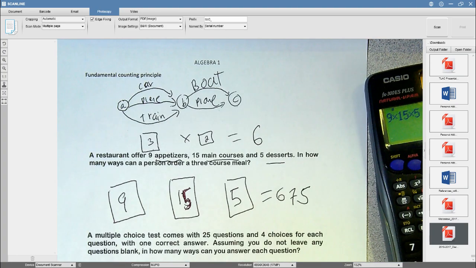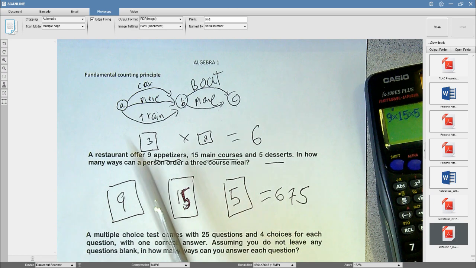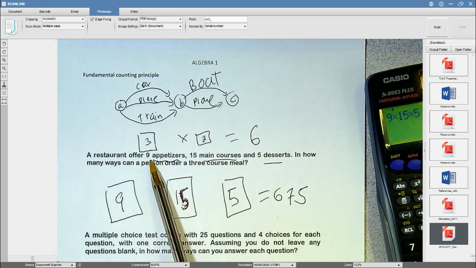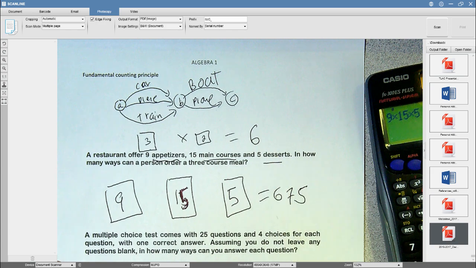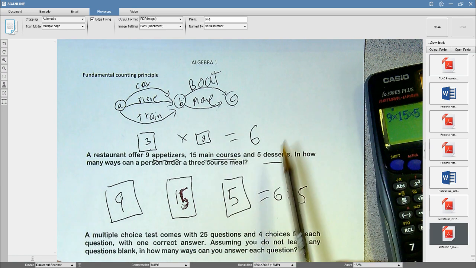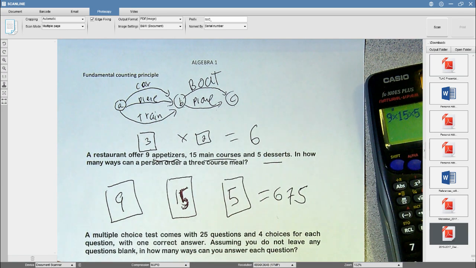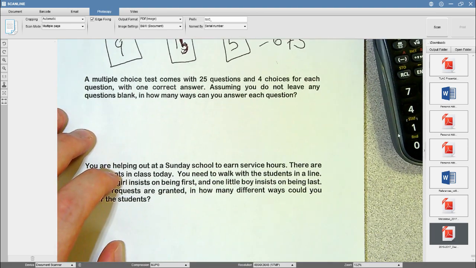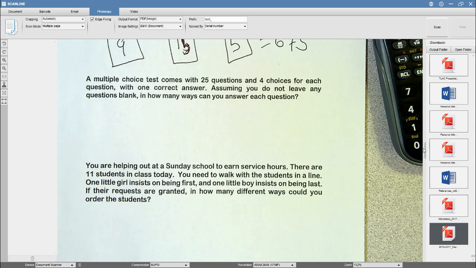That means that you could have 675 unique meals, selecting one appetizer, one main course, and one dessert. So maybe an appetizer is like salad, and then main course is like chicken, and then chocolate cake. Would that be fun? Okay, let's move on to our next example.